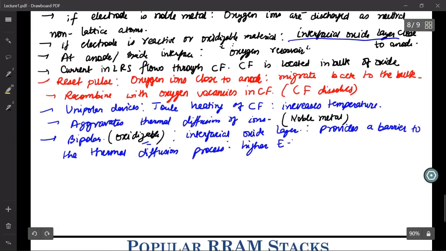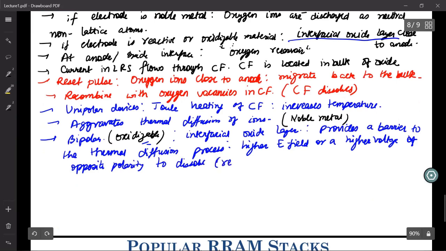a higher electric field or a higher voltage of opposite polarity to dissolve or recombine oxygen vacancies of the conduction filament.